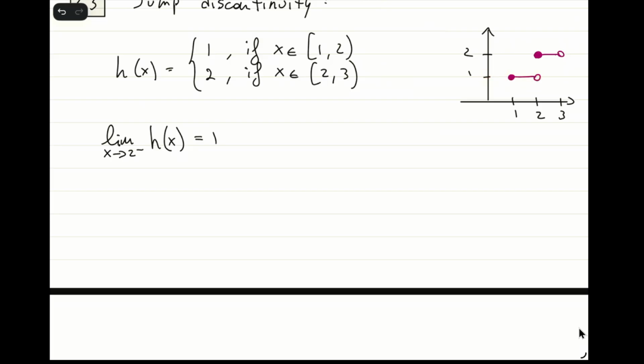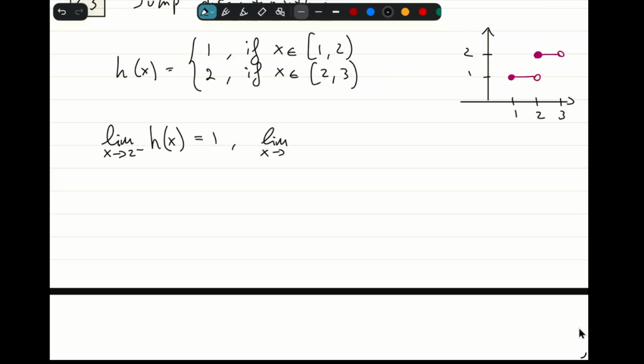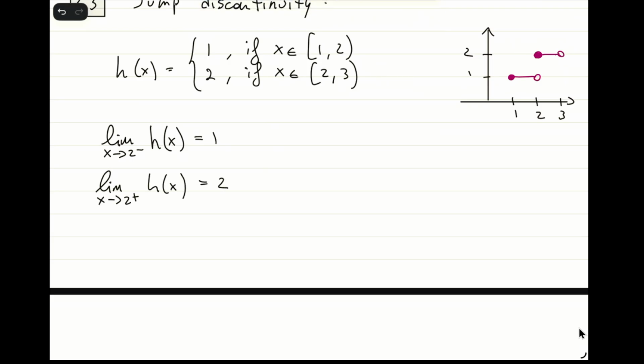And for the limit as x approaches 2 from the right of h of x, this is just 2. You can see it from the graph up here.